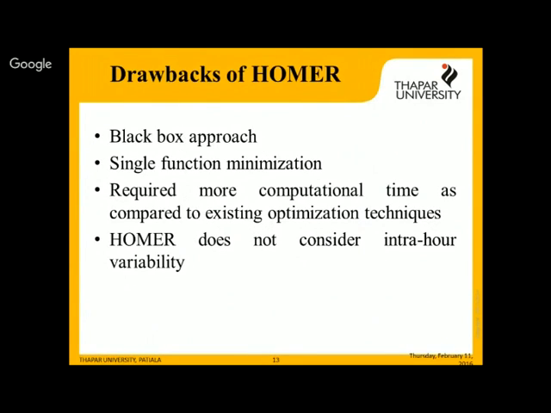But still, we have a few drawbacks of Homer. One is that this is totally a black box. This is one drawback with all software systems. Black box approaches mean we don't know what exactly is happening inside the system, how they are going to calculate the value.